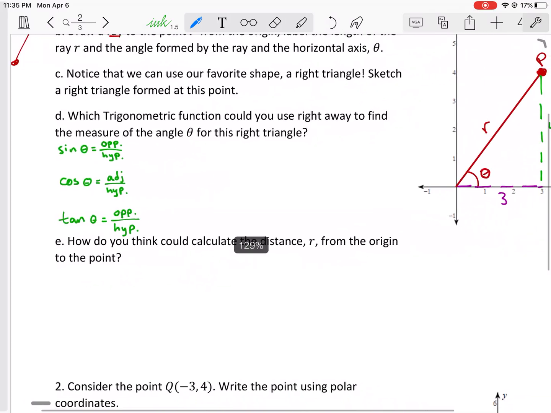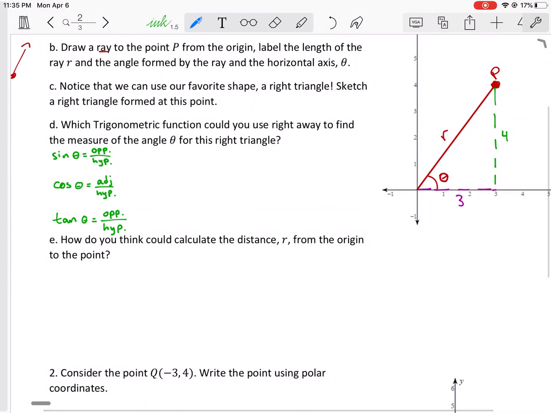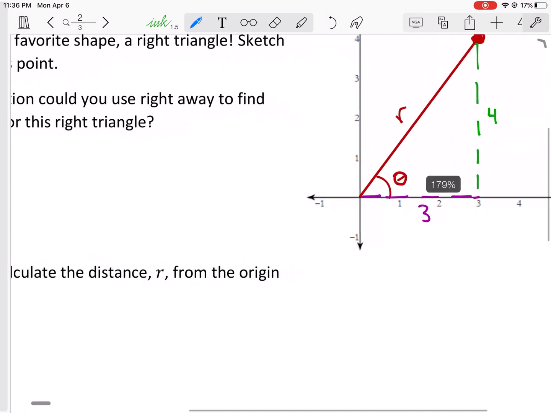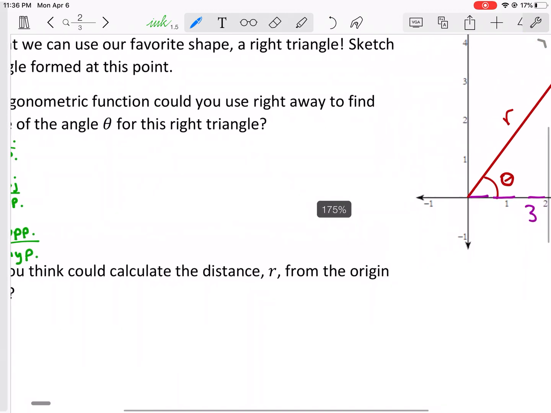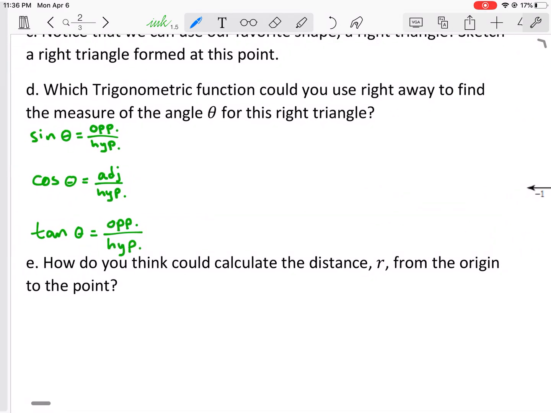So thinking of these and looking at what we have, which of these would be best? From theta, we know 4 and we know 3. We don't know this length R yet, so the hypotenuse isn't useful for us. What we know is the opposite side and the adjacent side. Since we don't know the hypotenuse, sine and cosine really aren't going to be much use for us right now.